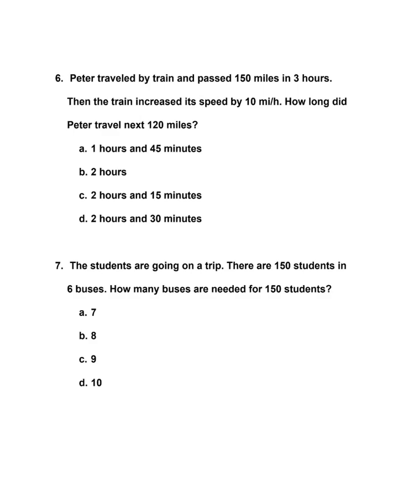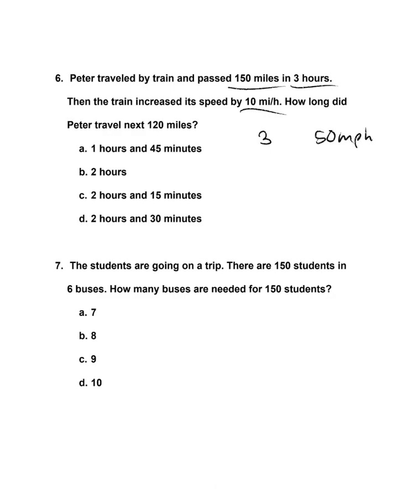Number 6, Peter traveled by train and passed 150 miles in 3 hours. And then the train increased its speed by 10 miles per hour. How long did Peter travel the next 120 miles? So in 3 hours, we passed 150 miles, so it was 15 miles per hour.